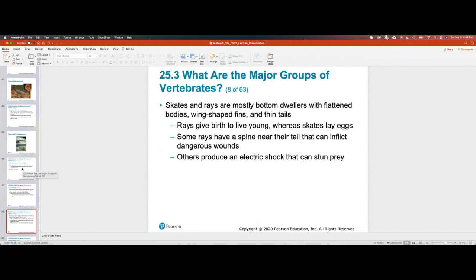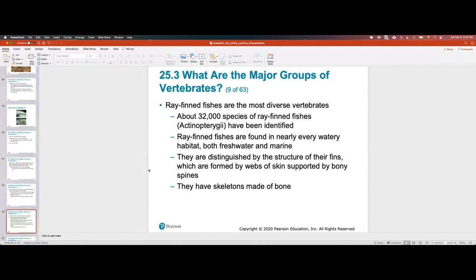Skates and rays mainly hang out at the bottom of the ocean. They're really flat and they have wing-shaped fins and thin tails. Some have a spine near their tail that's used for defense, and others produce an electric shock that can stun prey.